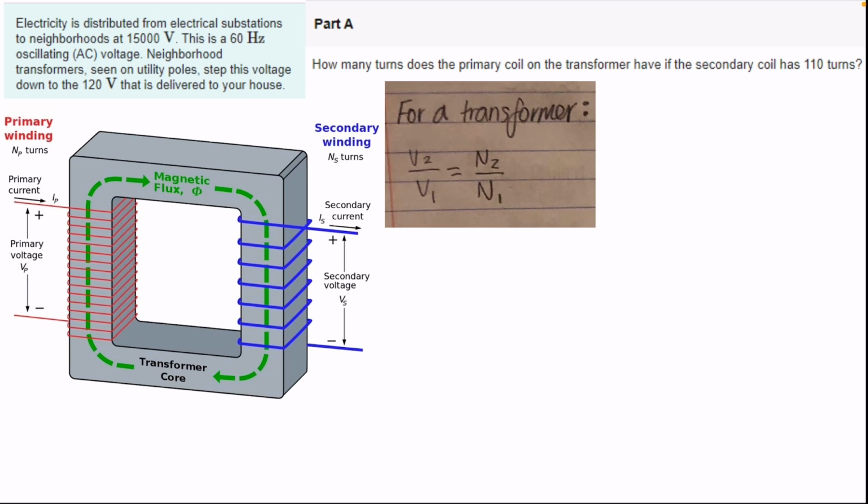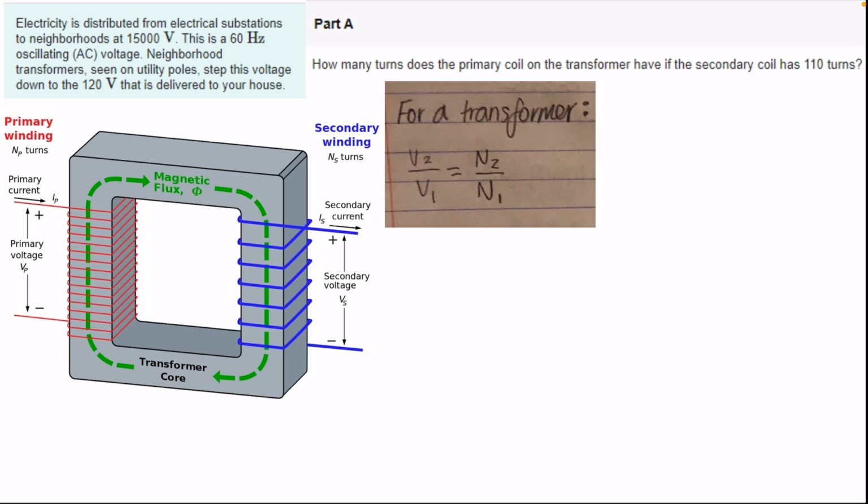That alternating current through the primary coil causes an oscillating magnetic flux through the secondary coil, which then induces an EMF. That induced EMF of the secondary coil is delivered to the load as the oscillating voltage you get on the other side.